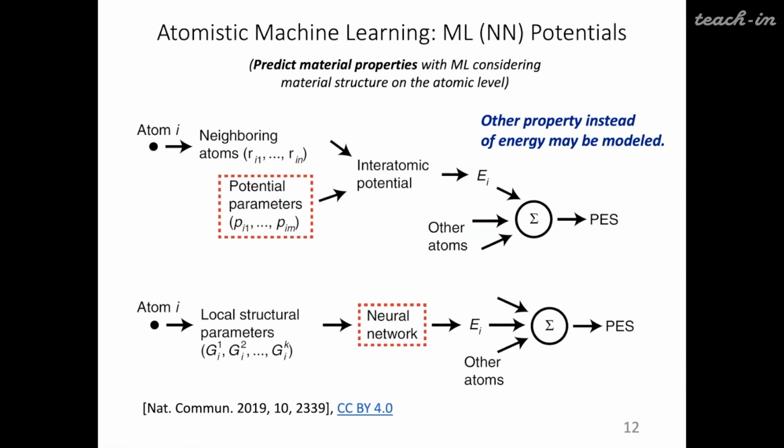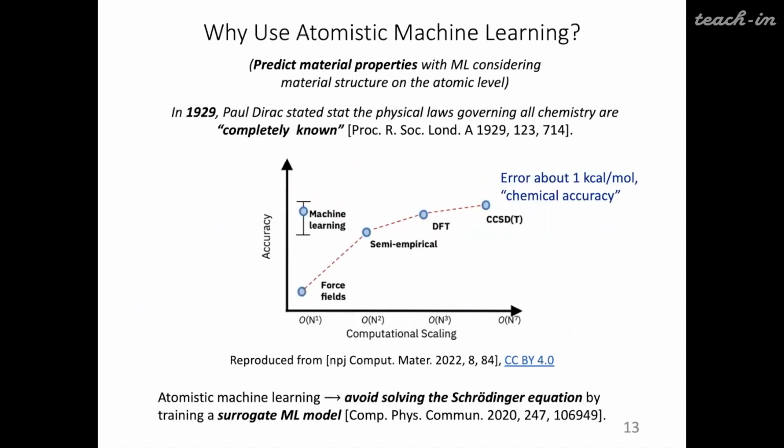So why should we do that? The reason is quite simple. Usually, accurate simulations of materials with quantum chemical methods are really computationally expensive.